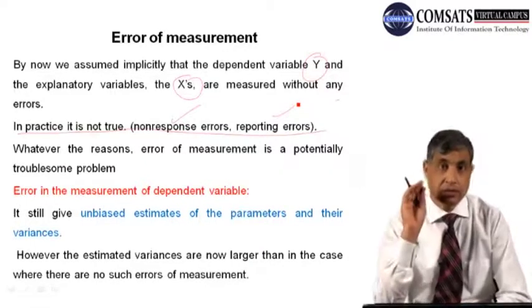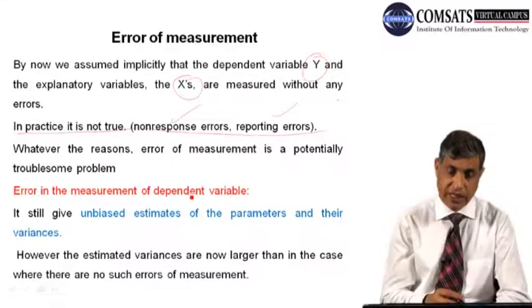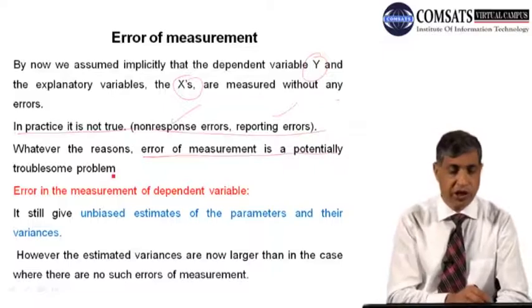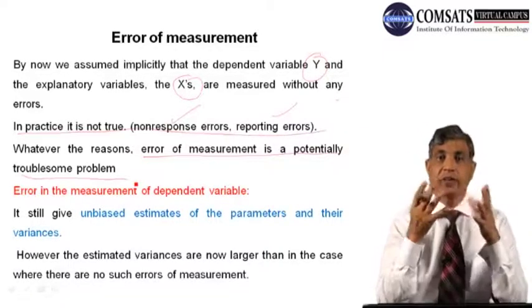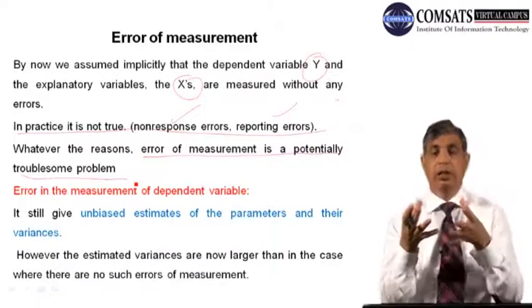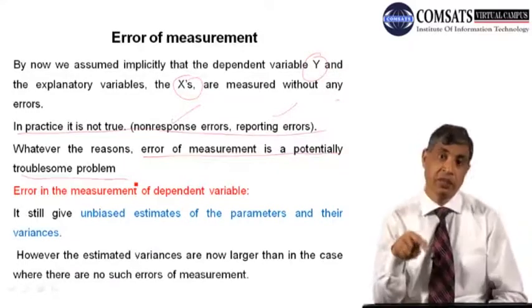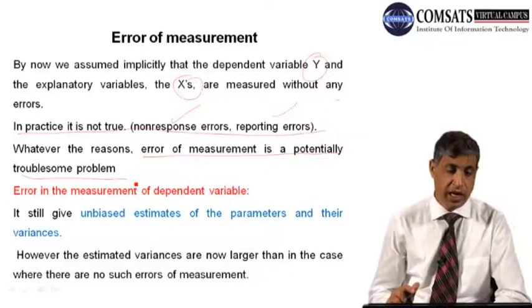Whatever the reason is, measurement error has come into your y or x variable. Error of measurement is a potentially troublesome problem. We are not concerned about where the problem is coming from. We are only concerned that if there is measurement error, there is a huge and potential problem.